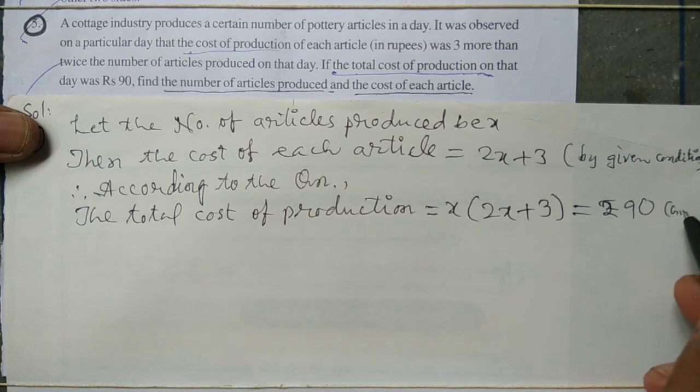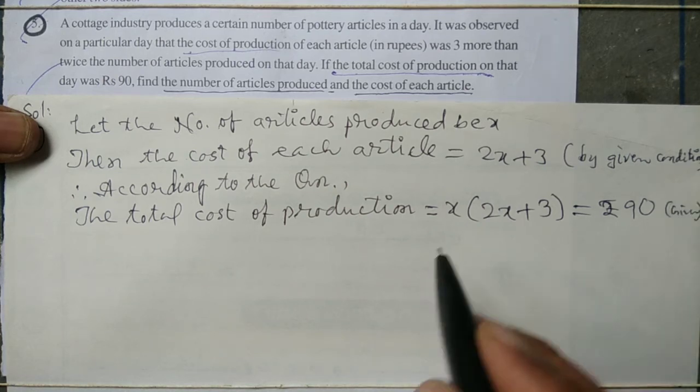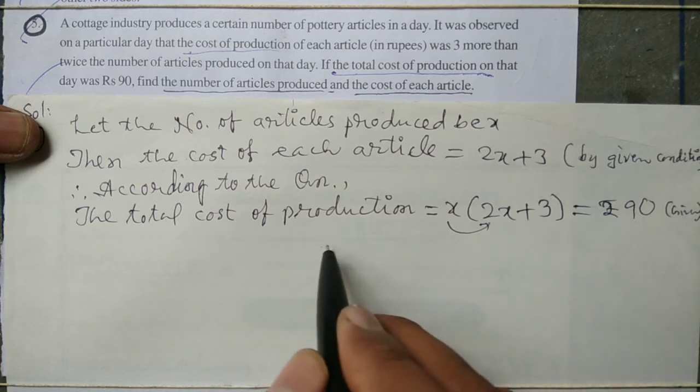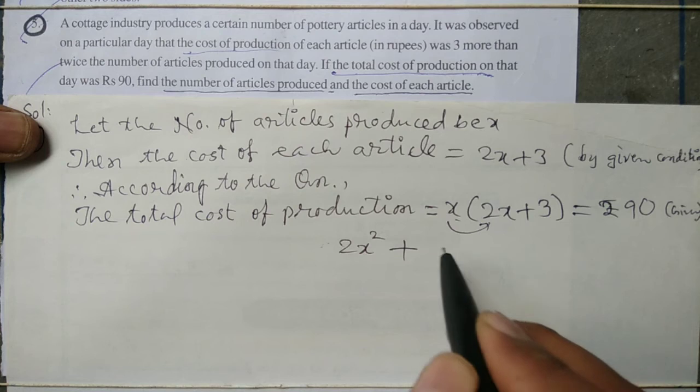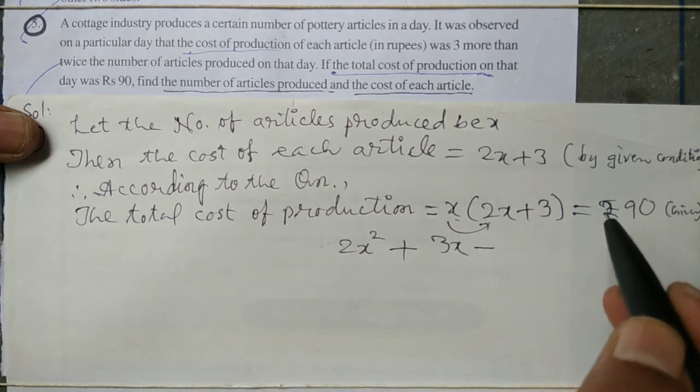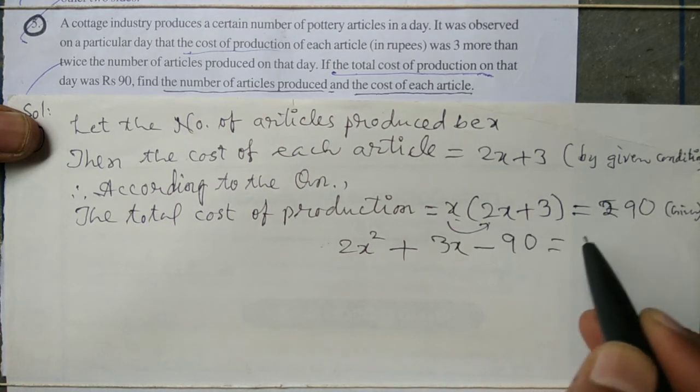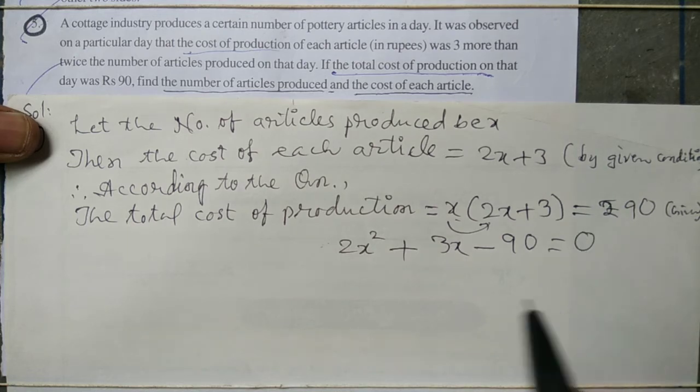This is given. x into 2x, 2x square, plus x into 3, 3x, minus 90 is equal to 0.